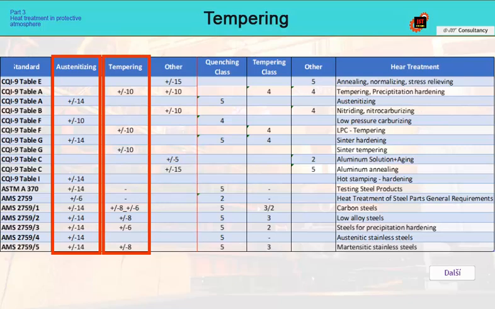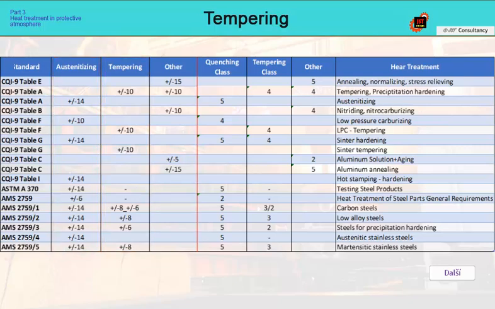It can be seen that the requirements for tempering furnaces are usually higher than the requirements for quenching furnaces. This is logical because the austenitization temperature will affect the structural properties of the steel after quenching. But during tempering, we have the main requirement for hardness, and in this case, a large difference in the permissible tolerance of the temperature field would make a large difference in the resulting hardness.